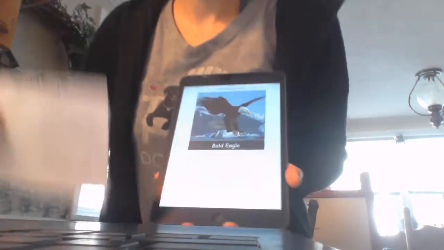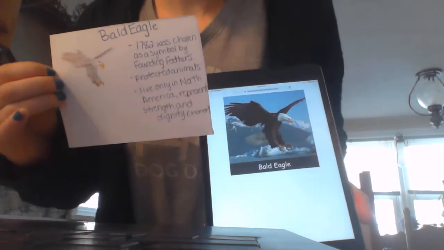the bald eagle, and I have a better picture of it. So there was a lot of discussion about if the founding fathers, the people who formed our country, if they wanted the eagle to be a symbol.